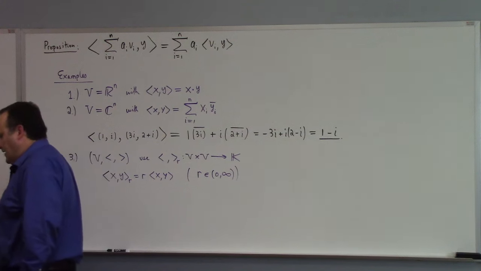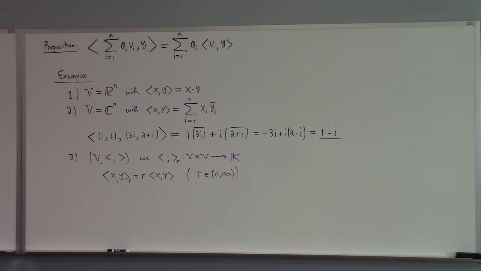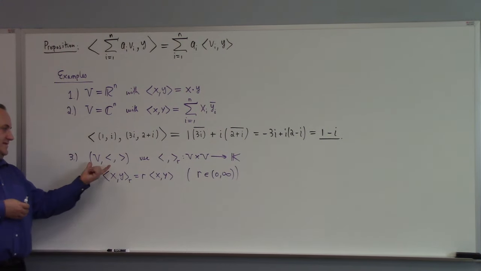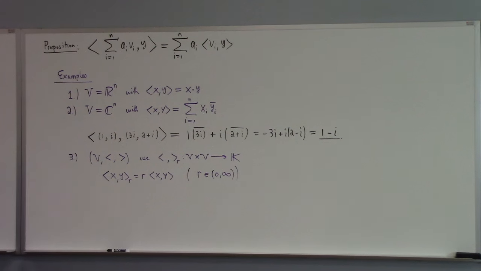So you could just take all of your inner products and rescale them. This would give you a new inner product space for that given vector space. As long as R is not equal to 1, this is a different inner product, and yet it has the same set of points, all right? So an inner product space is the point set paired with the notion of inner product, all right?